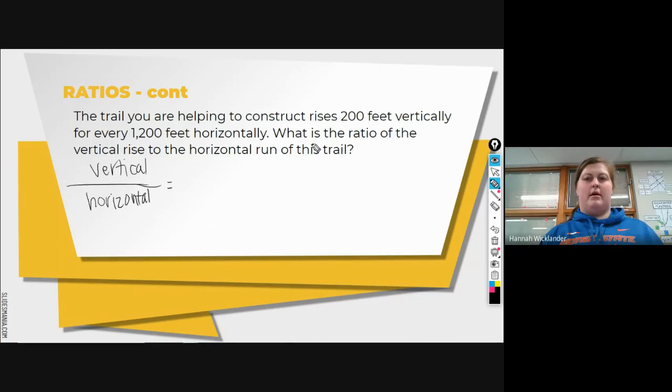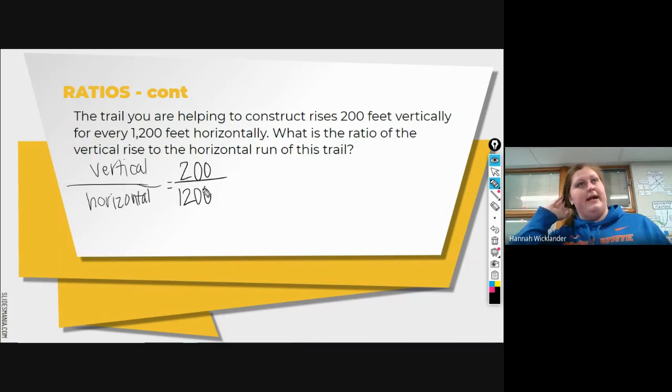So what number will go on top? What number is next to the word vertical? Someone tell me in the chat. 200, yep. And then on the bottom, 1,200. Now looking at this, can I simplify?